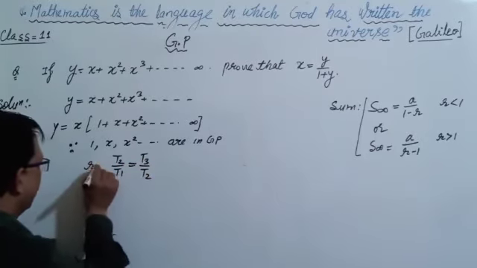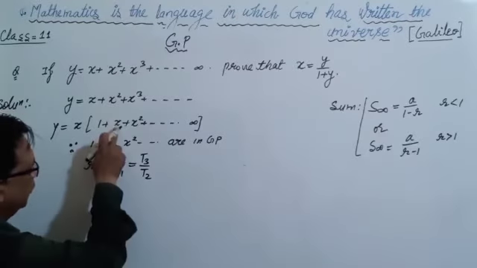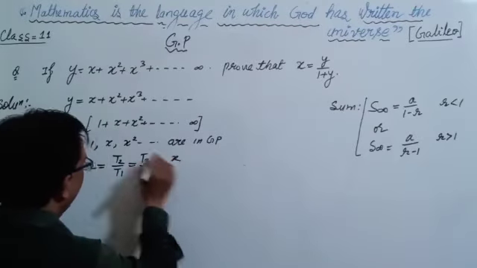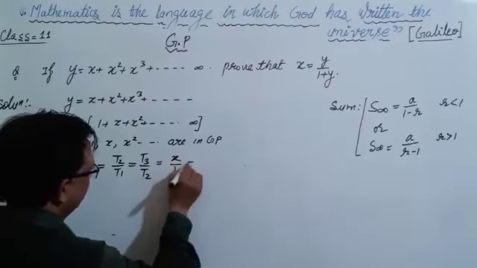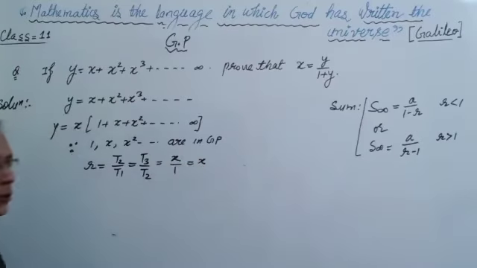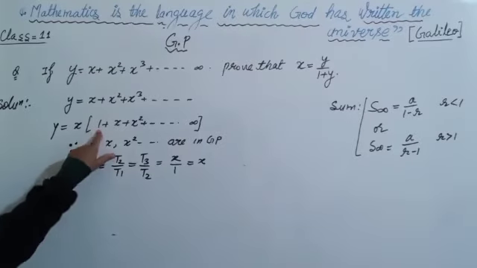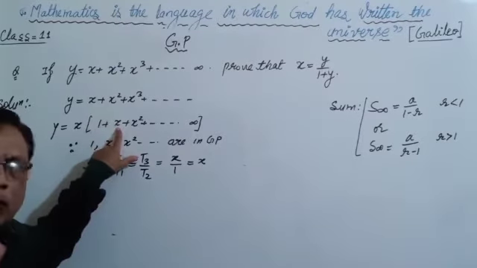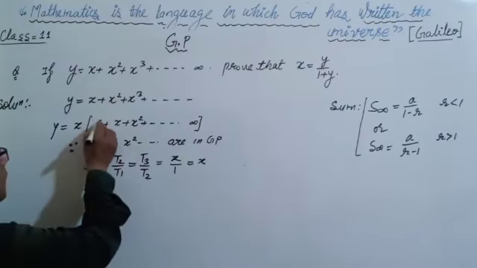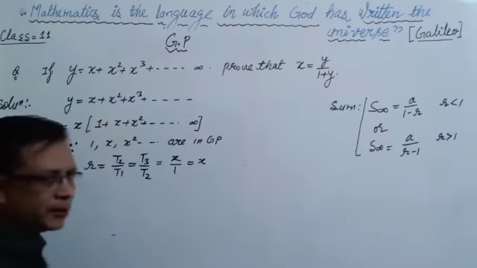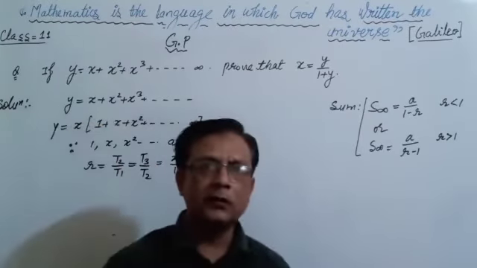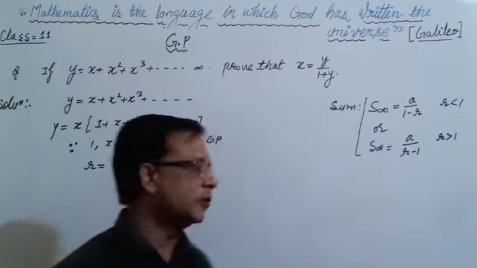This is your R. Now we substitute T2 is x and T1 is 1. So this is x. So students, it is an important point. If the first term is 1, then the second term is always the common ratio. So it is very helpful for us.